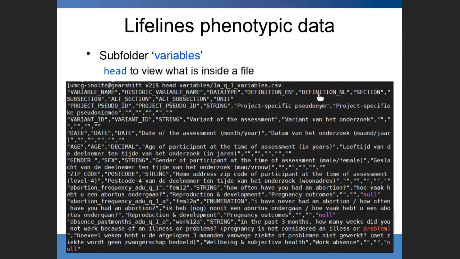Then the definition in English, the definition in Dutch, and other things. So with the files in the variables folder, you can search for the data you want to analyze or use in your analysis.